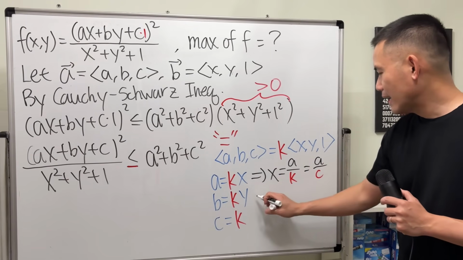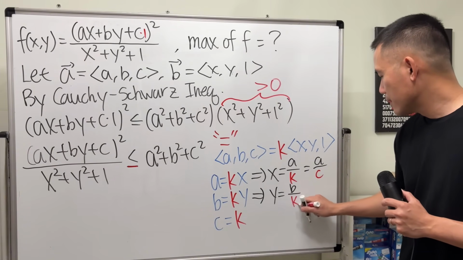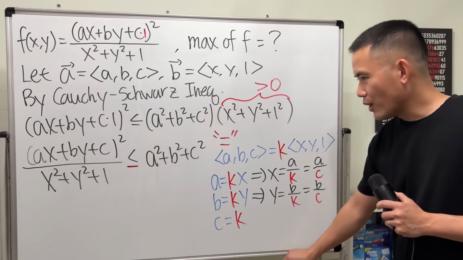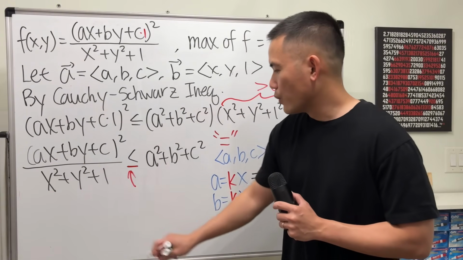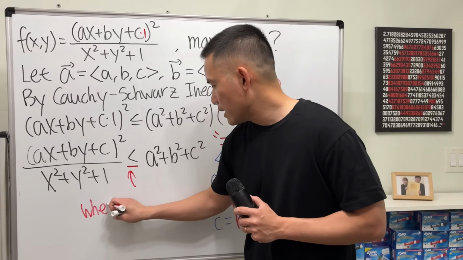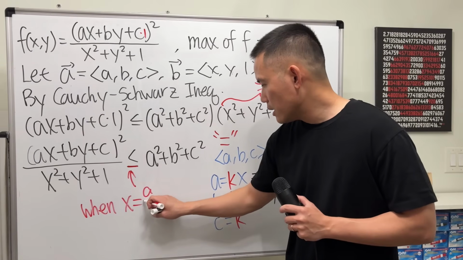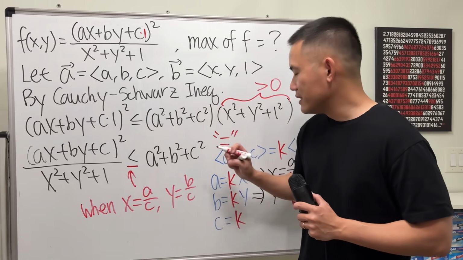Likewise, y is equal to b over k, and that's just b over c. So we can just come back here. This equality will be achieved when x equals a over c and y equals b over c.